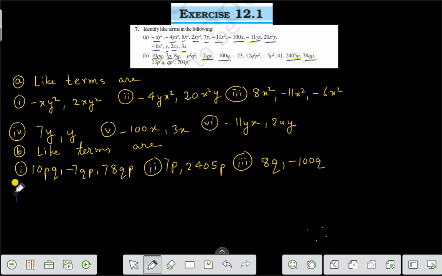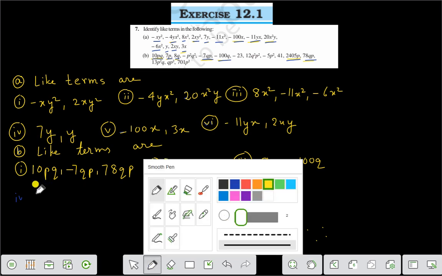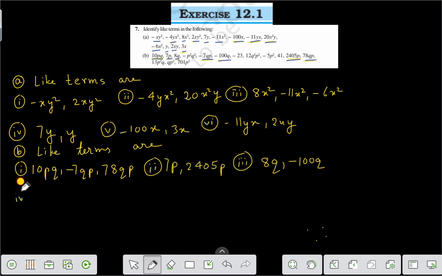Now 4. The next one is minus p square q square. Let us find p square q square, this one: 12 q square p square.